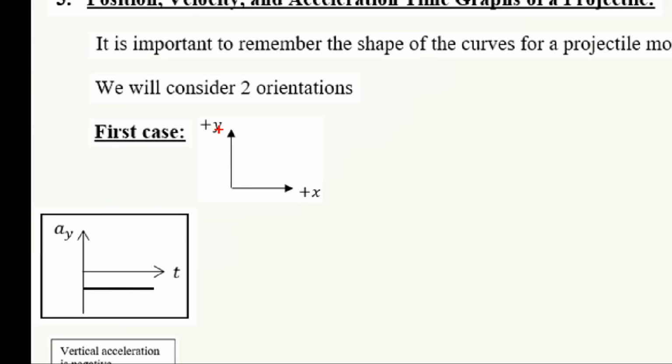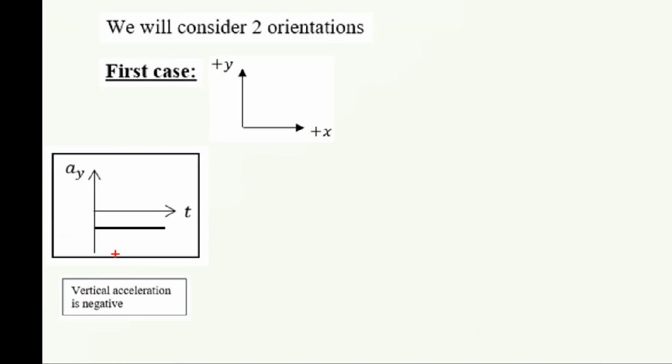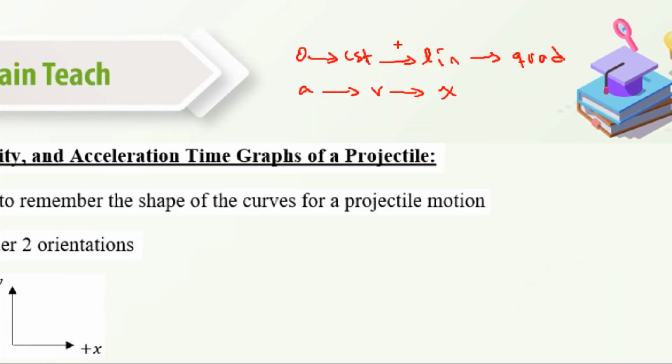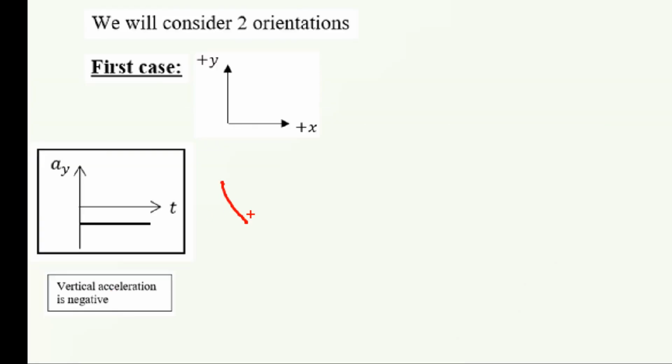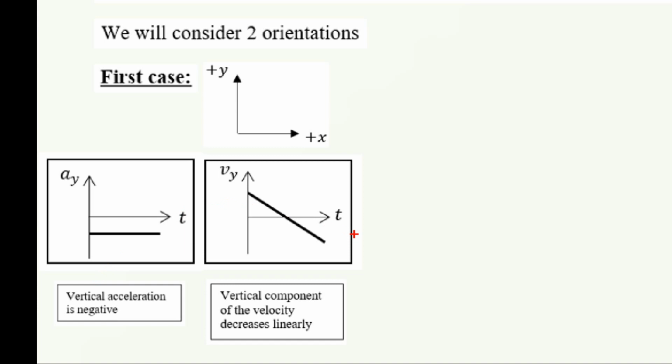Because the positive direction is up, ay would be negative, and it has been represented by a horizontal line, which is constant. Now if a is constant, we expect that v is going to be linear. Linear means it's going to be either like this or like that. A is negative, which means the velocity is decreasing, and that would be the shape of the vt graph, in particular the vy-t graph. Here we're analyzing the motion along the y direction.